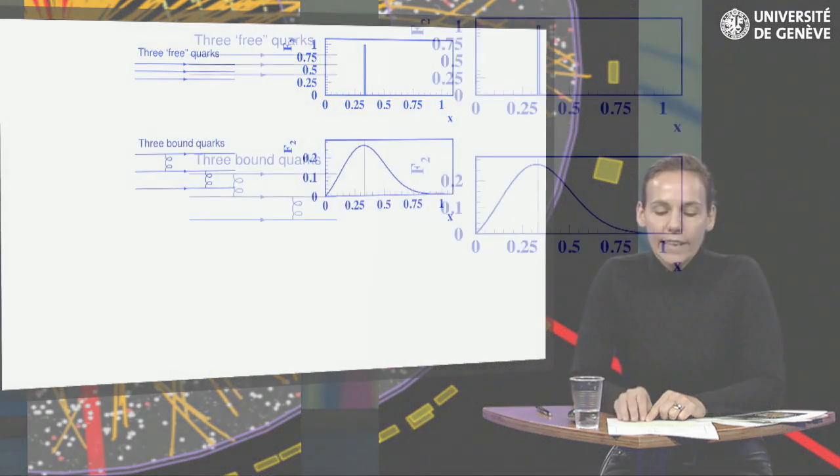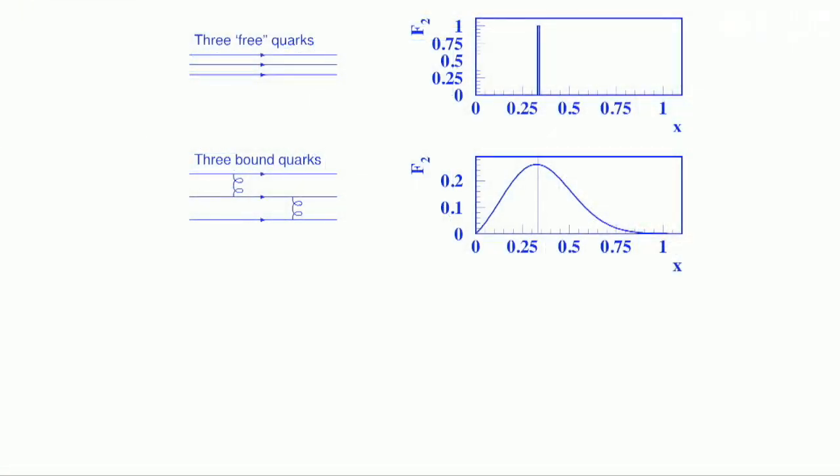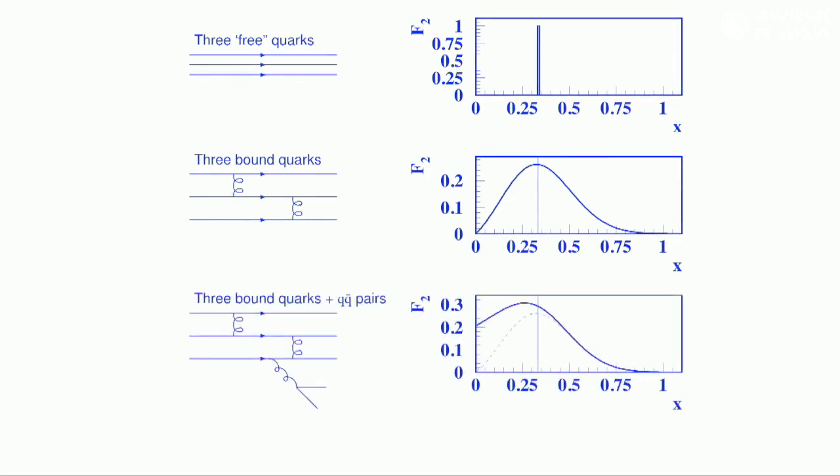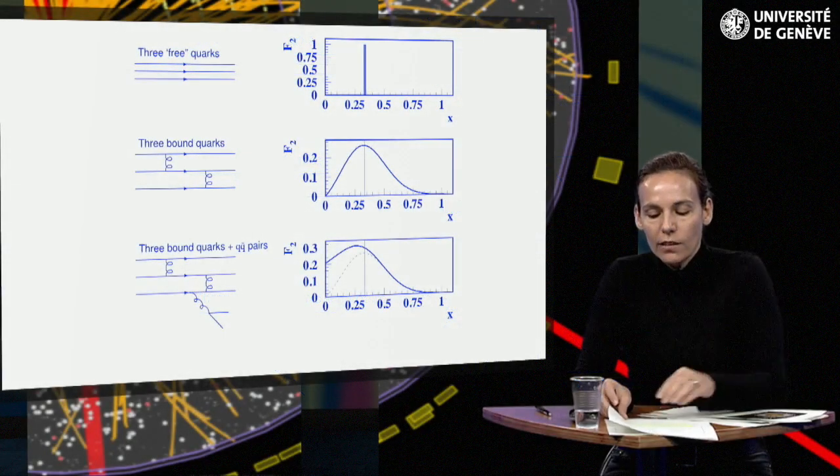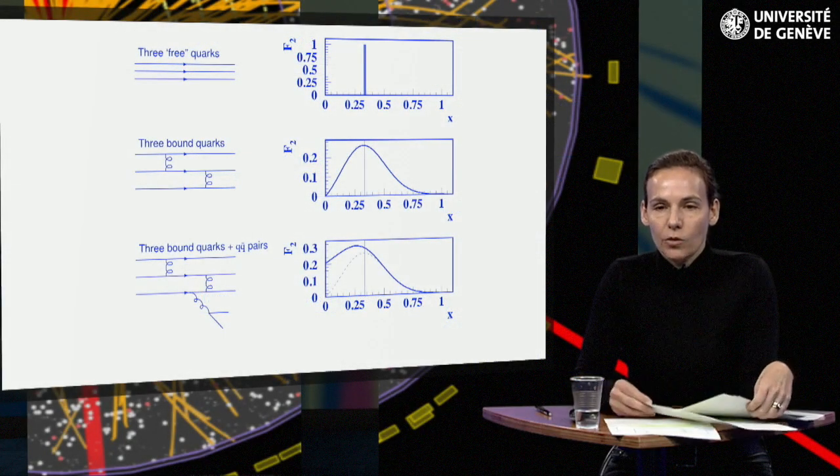If it were a state where quarks are bound together by gluons, the average value of x will still be 1/3, but with a wider distribution around this value. If we finally take into account that quarks can emit virtual gluons which can split into a quark-antiquark pair of low energy, we expect that the quark momentum distribution tends to fill up at x going to 0.